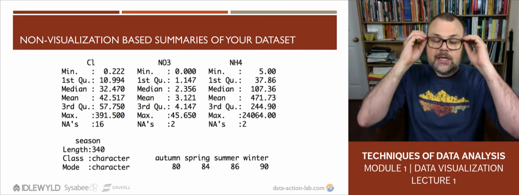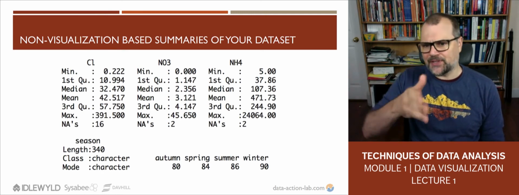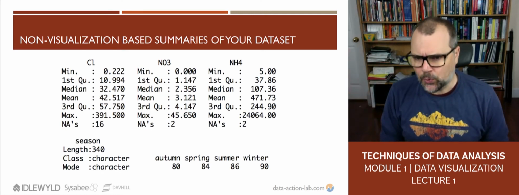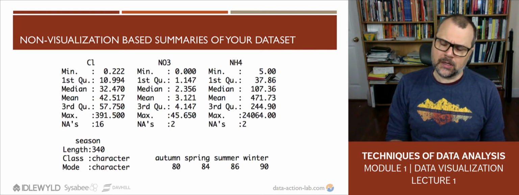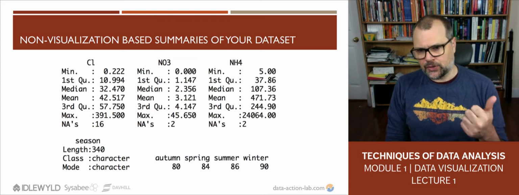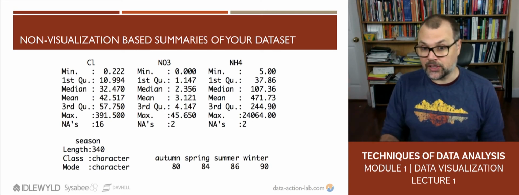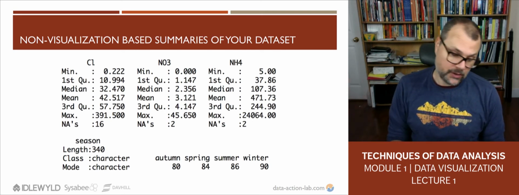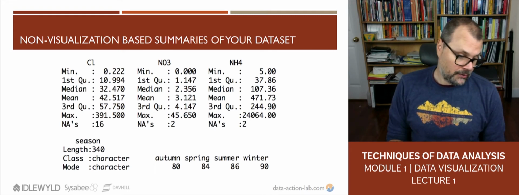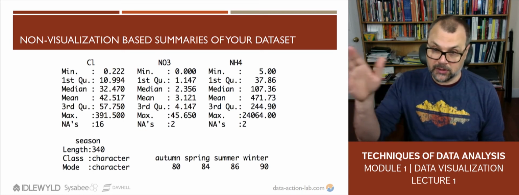next step. These represent a subsample or subset of the measurements that were taken of 340 European rivers. And we've measured the chlorine, NO3, NH4, as well as a bunch of other things that are not included here: pH, some oxygen content, some monoxide content as well, and so forth.